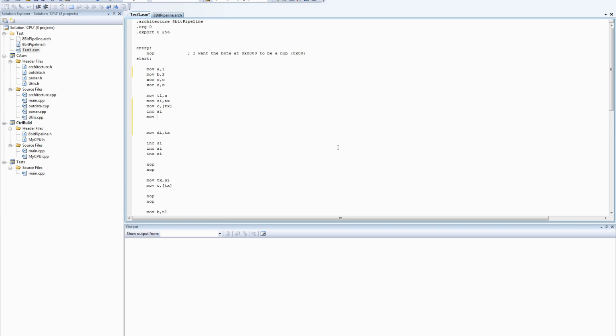Now let's load C and load D through SI. I'm just trying to load from two sequential addresses there. And then we will attempt to store A and B at those two addresses. Won't work, but we should see the data come onto the bus and see the control lines activate.